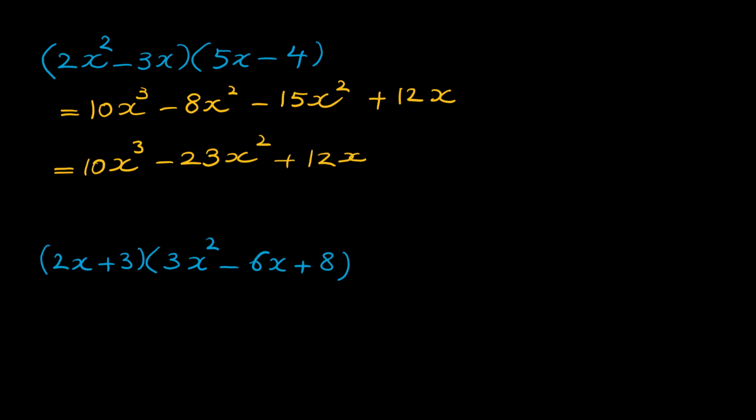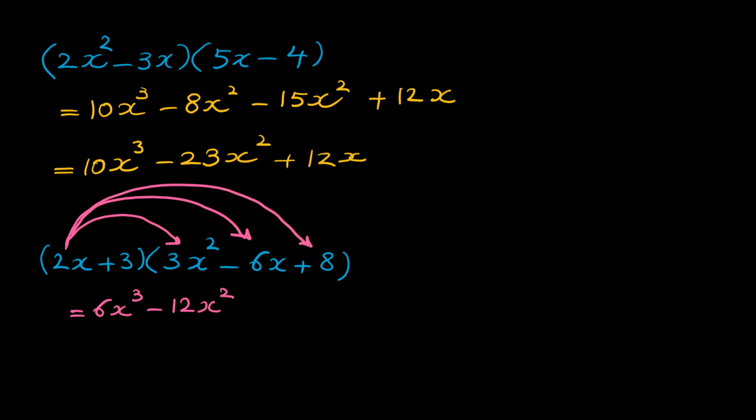So you have to be careful not to miss any term. 2x times 3x to the 2 is 6x to the 3. 2x times negative 6x is negative 12x to the 2. 2x times 8 is 16x. 8 times 2 is 16, and we have x.